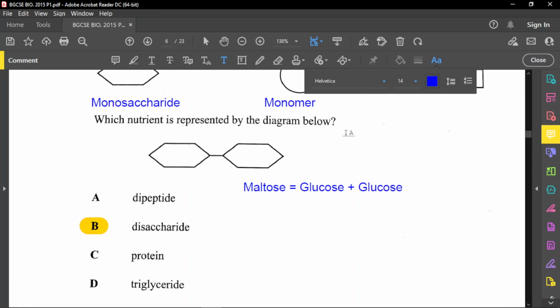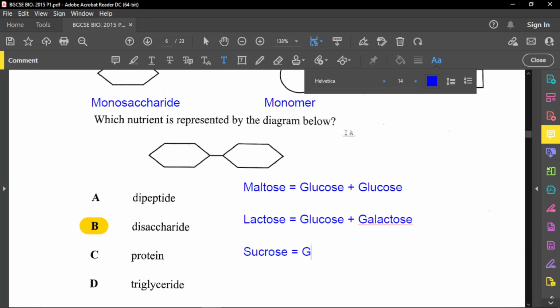Let me give you two other disaccharides that you should know. You should also know lactose, and lactose is a combination of glucose and galactose. All of these are monosaccharides. Glucose is a monosaccharide, galactose is a monosaccharide, and the next one you need to know is sucrose, which is very common on the exam.